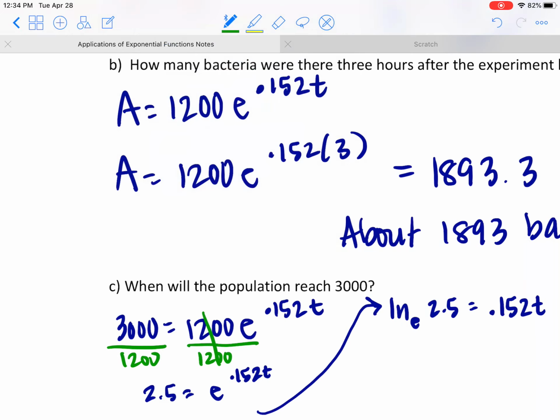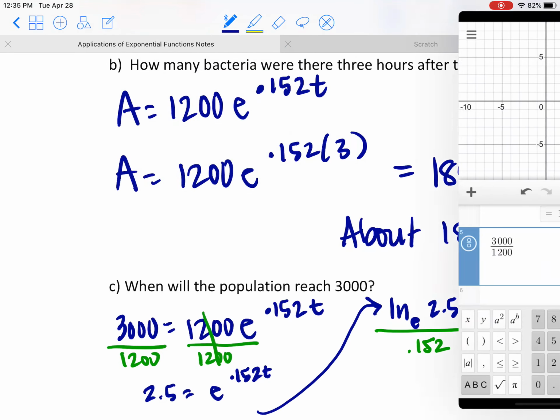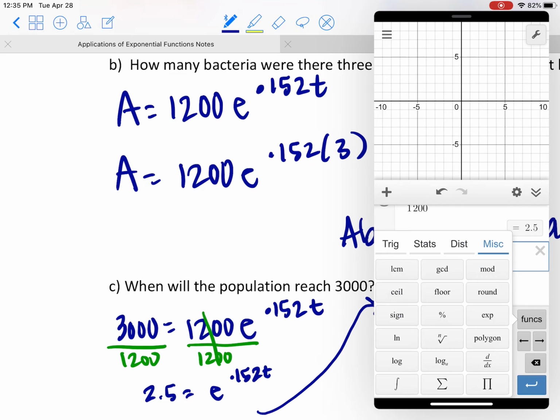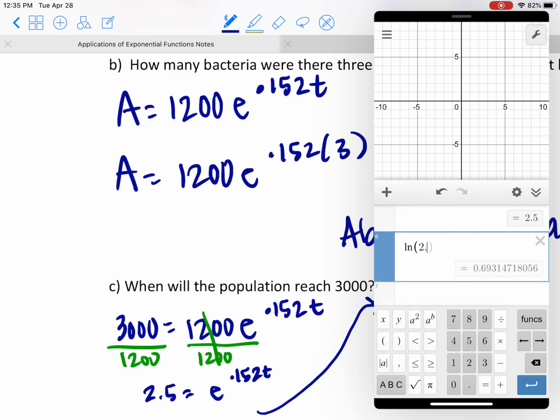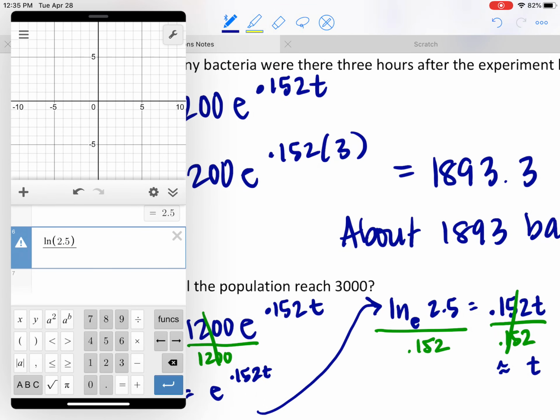Now I can rewrite this in log form. Since I'm looking for an exponent, I'm going to use a log, and natural log because it's base e. So natural log, already base e, of 2.5 is going to equal 0.152t. So now I just have to divide over that 0.152, and I'm done.